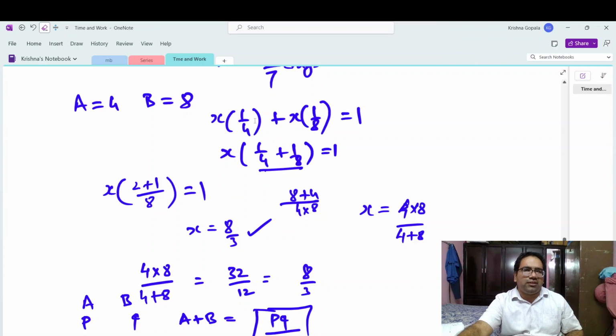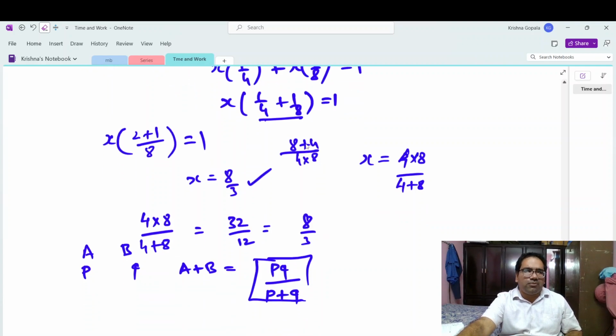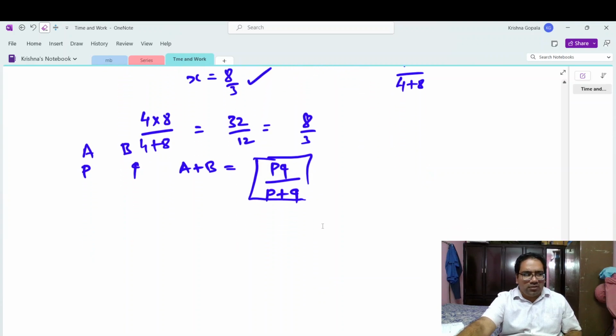So A is doing x by 4 worth of work, and B is doing x by 8 worth of work in x days. Now, x by 4 plus x by 8 should be equal to 1. So x equals 4 into 8 by 4 plus 8, that is equal to 8 by 3. This is how it works.